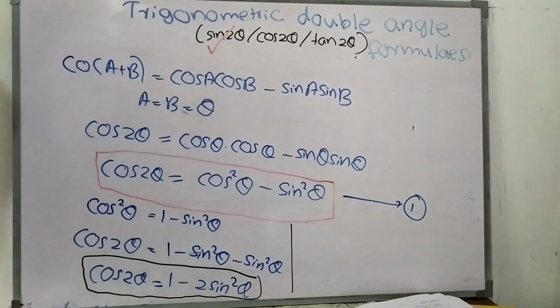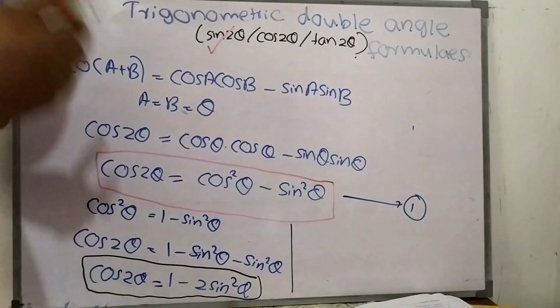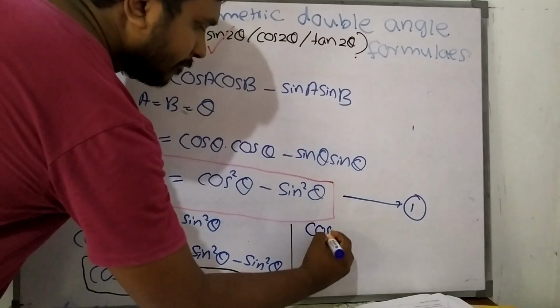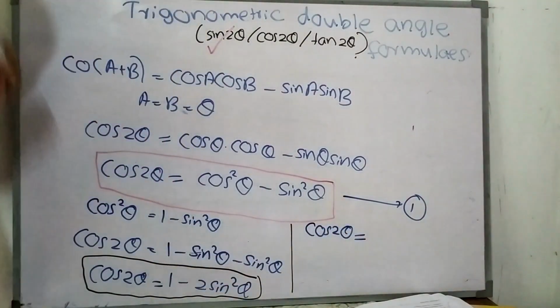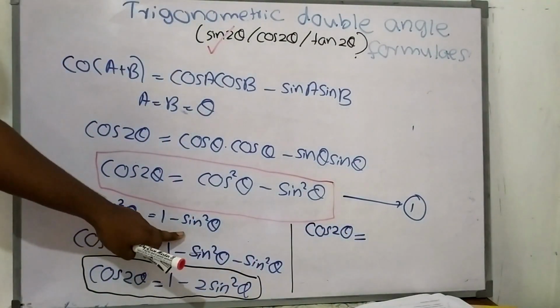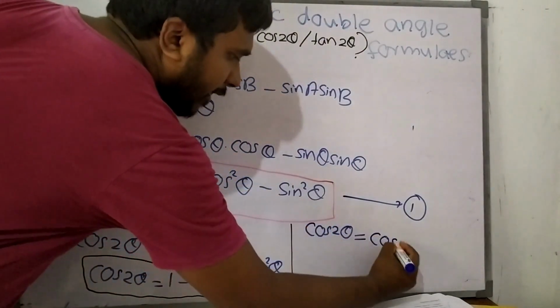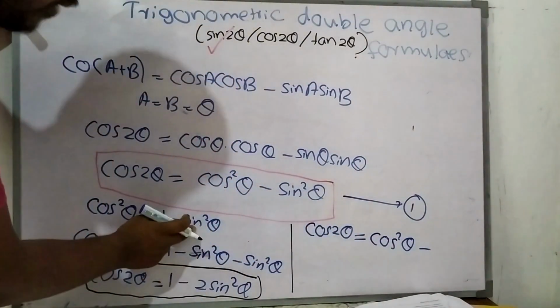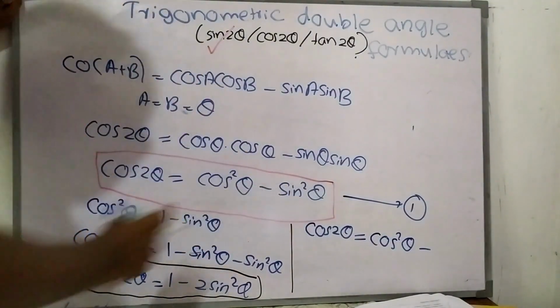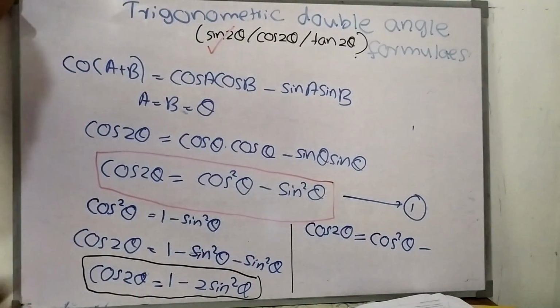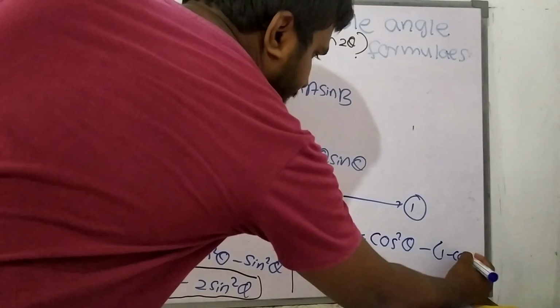Now the same thing for the other one. Here it's cos square theta minus sin square theta, and we can write sin square theta as 1 minus cos square theta.